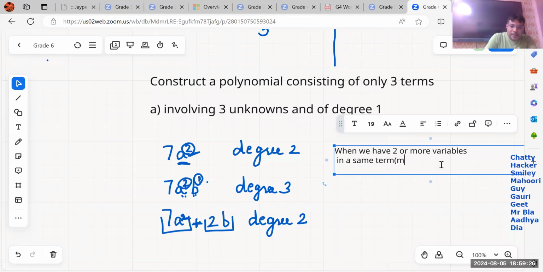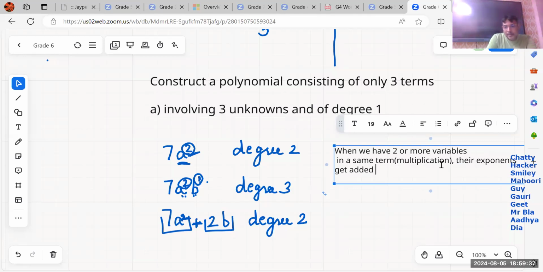Same term multiplication. Their degree, their exponents get added when we have the exponents, to find it.